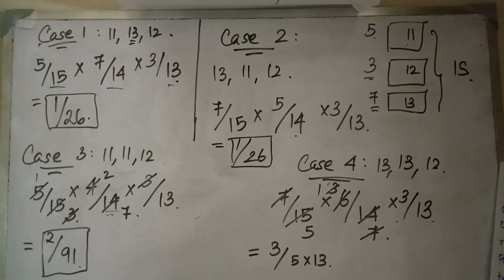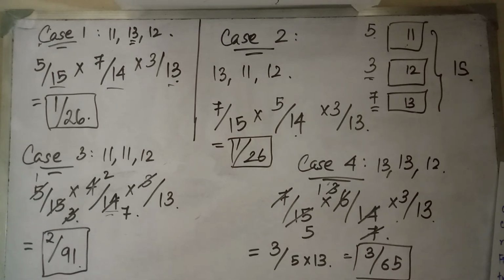Let me just double check if this is correct. Yes, so this will be 3 by 65.